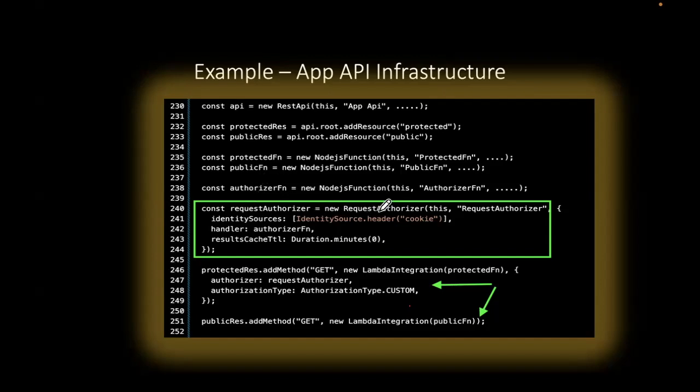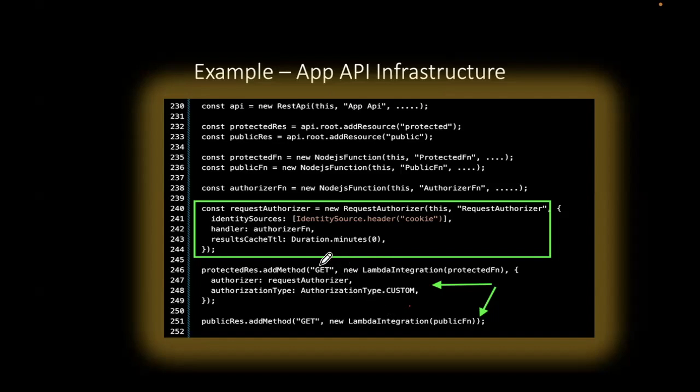And you also tell it where in the request that comes in from the client, where is the actual token located? And this is telling us that it's located in the cookie request header. So you create this request authorizer construct, and then when you're integrating your backend functionality using, in our case, Lambda integration.